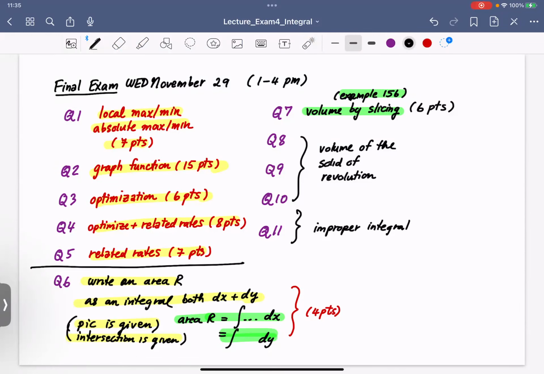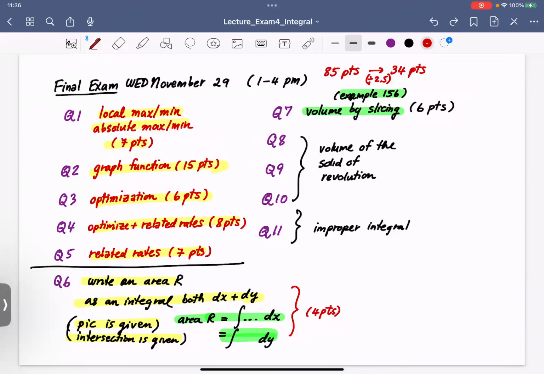So the total points for the final is going to be 85 points. We're going to divide by 2.5, so you get 34 points as your final, and then it's going to add up with the 66 points, so you get 100 for the class here.